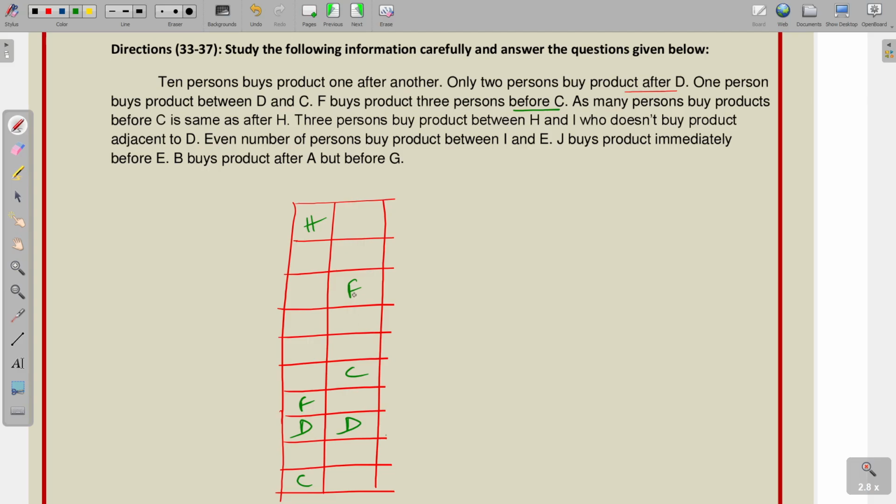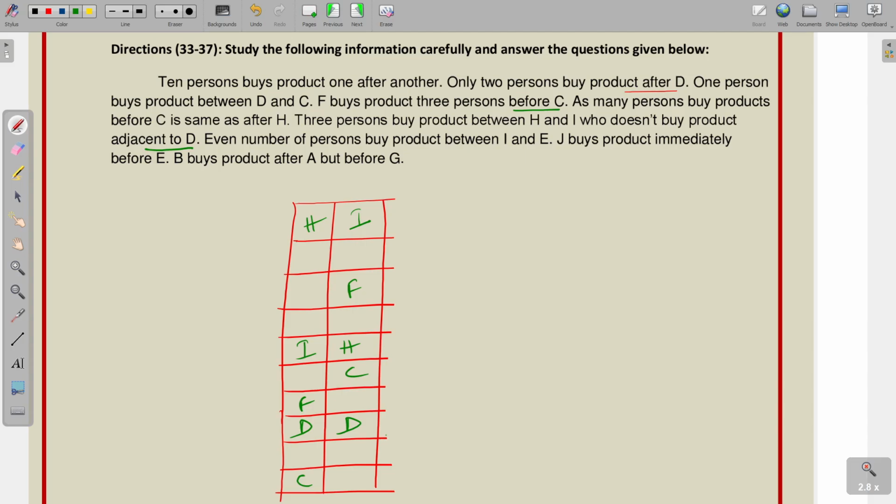So 1 2 3 4 5, next 1 2 3 4 5, here H is placed. 3 persons buy product between H and I, who doesn't buy product adjacent to D. So I is not adjacent to D. So between H and I there are 3 persons, 1 2 and 3, here I is placed. And next 1 2 and 3, here I is placed. Okay, and I is not adjacent to D.